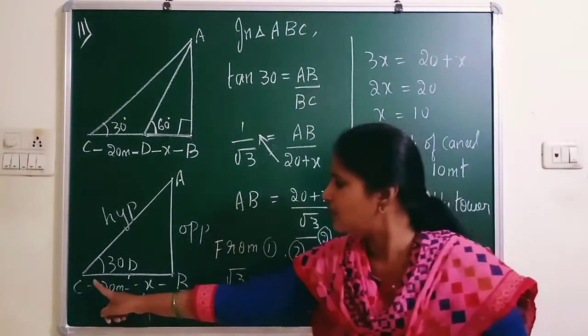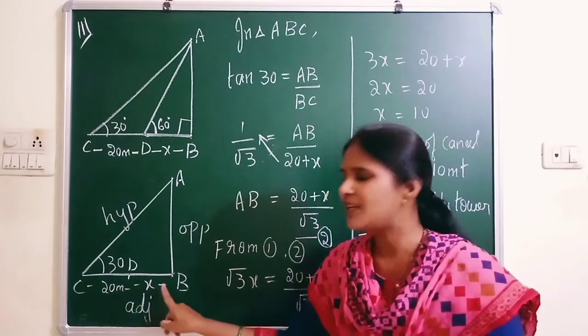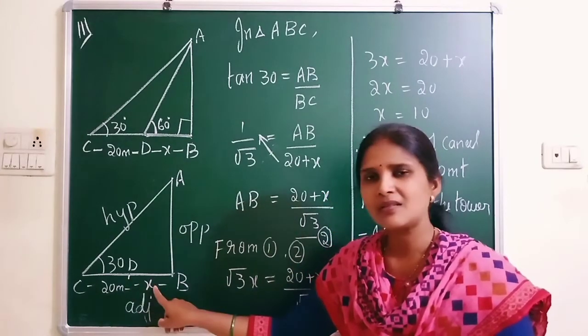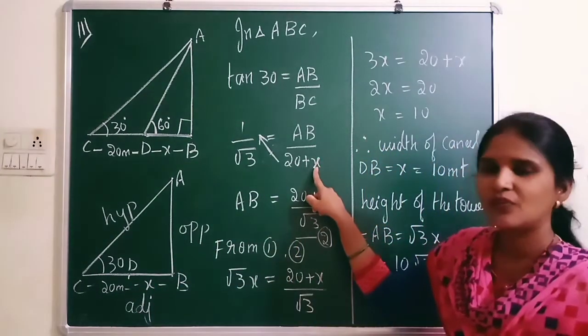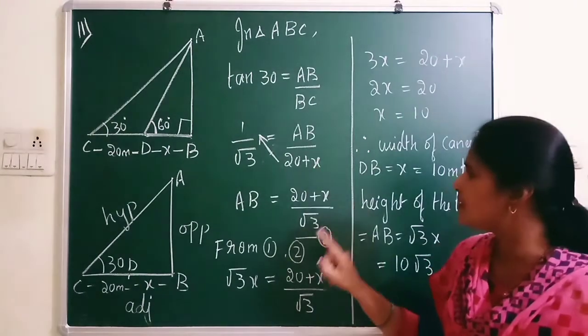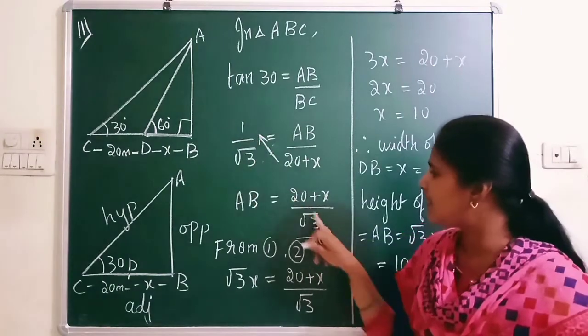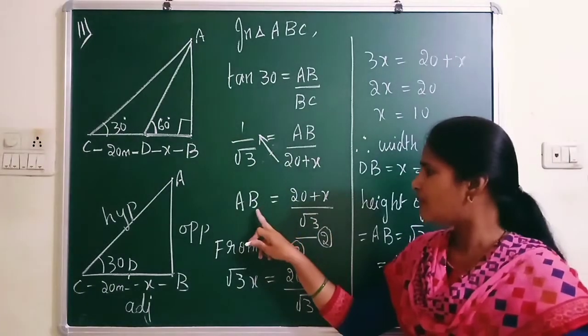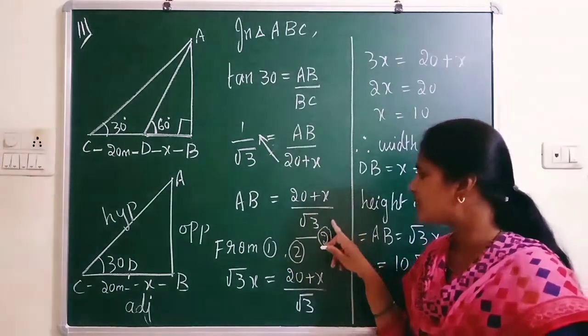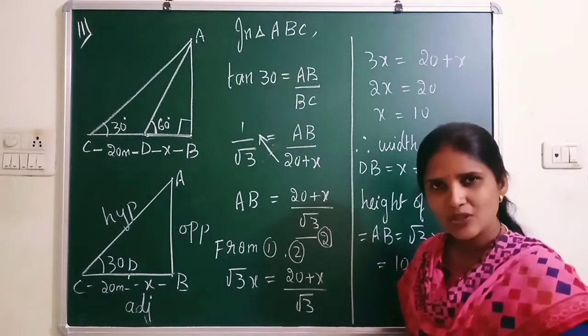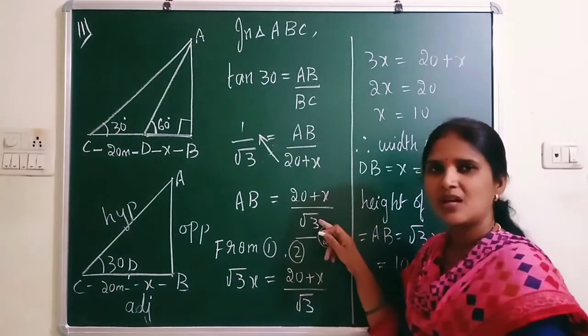BC, you can observe here, is nothing but CD plus DB, that is 20 plus x. So in place of BC, write 20 plus x. Now send this 20 plus x here, you will get 20 plus x divided by root 3. That is the value of AB. Don't rationalize because you have another unknown value, that is x.